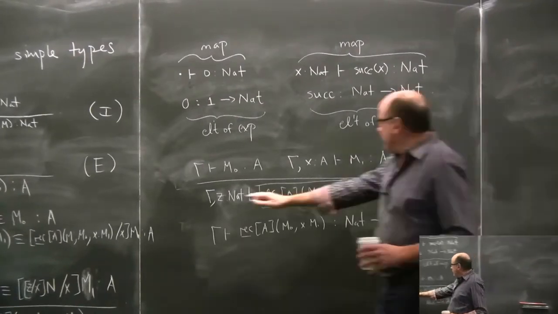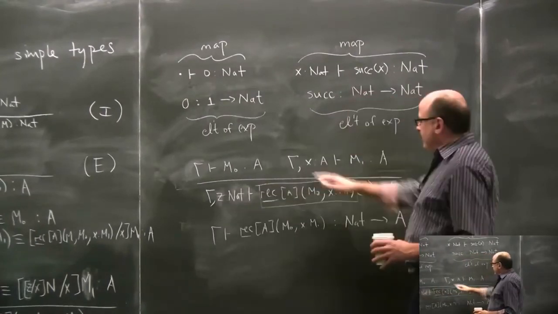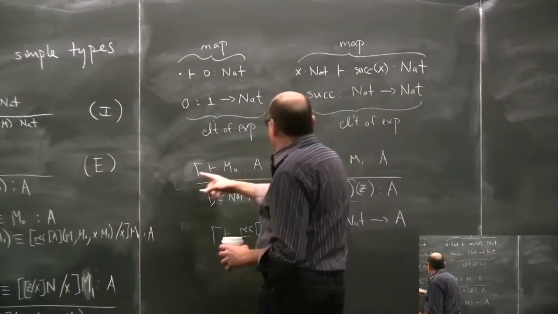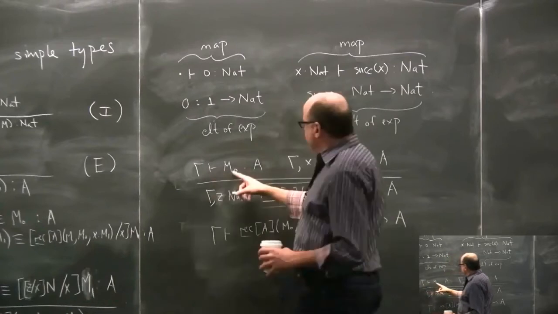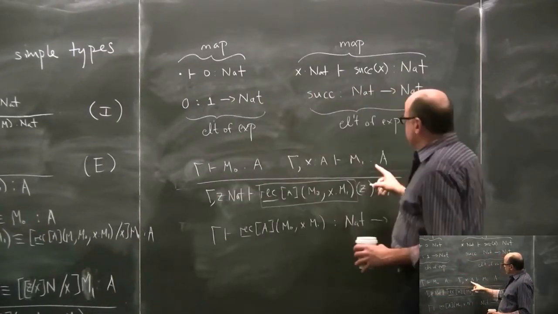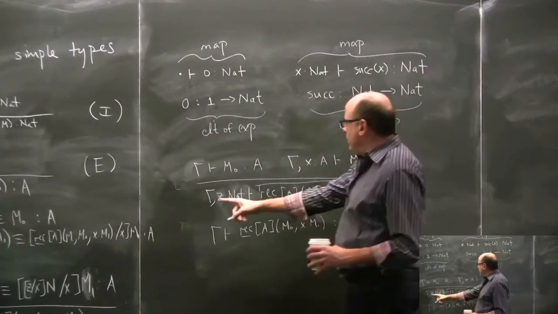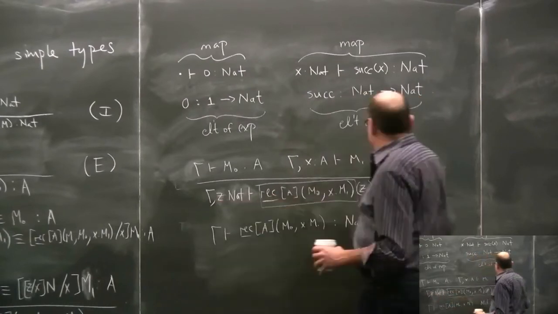So the way you could look at this, in fact, if I want to suppress the gammas here, I can say m naught is a mapping from gamma to a, m1 is a mapping from gamma cross a to a, okay? And therefore, this rec is a mapping from gamma cross nat to a.